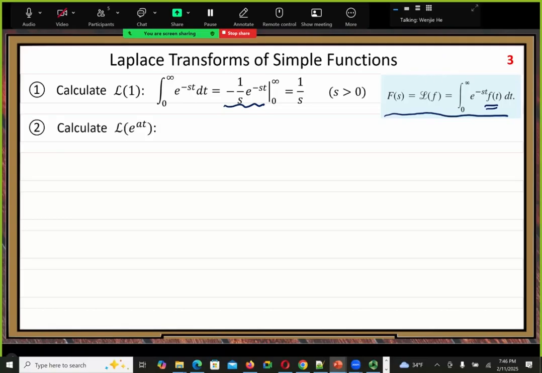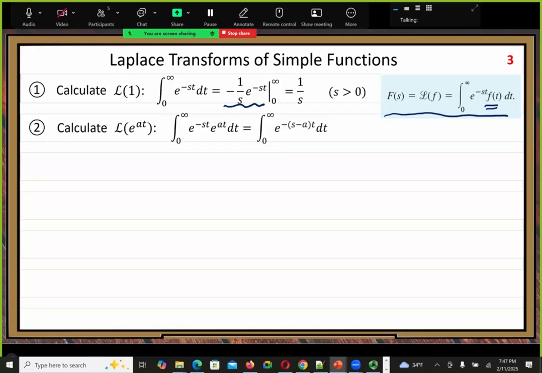All right. Second formula. This time we apply the Laplace transform on the e function, another basic formula, e to the constant a times t. Then we plug in the definition. Both are e functions, so you can combine them, parenthesis s minus a.